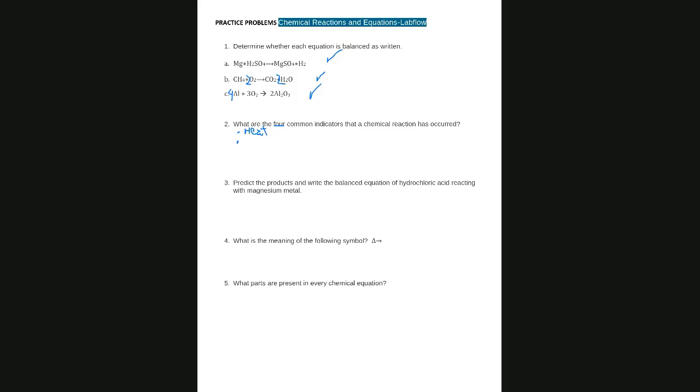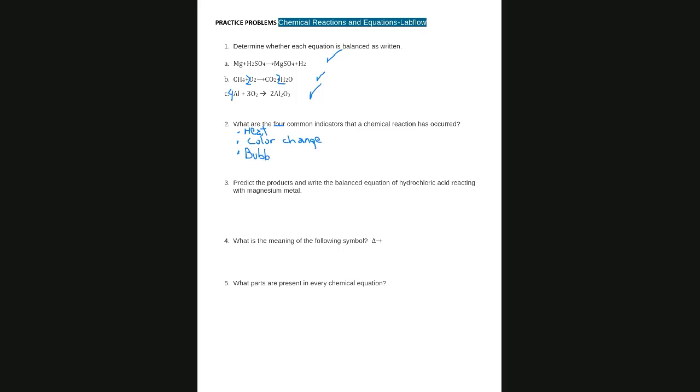And how do you know that a new substance is formed? You can look for a color change. If you mix 2 things and you see that there is a color change, that is one indicator that it might be a chemical reaction. What else? How about bubbles? Bubbles of a gas.